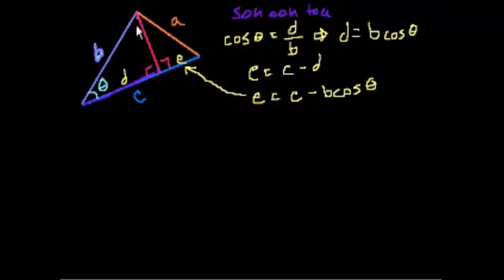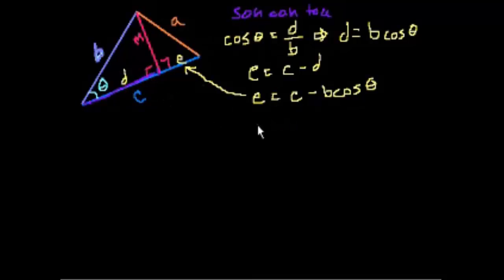And what's this magenta side going to be? Well, let's call it M for magenta. M is opposite to theta, and we've solved for C as well, but we know B, and B is simple. So what relationship involves the opposite and the hypotenuse? Well, that's sine, opposite over hypotenuse.